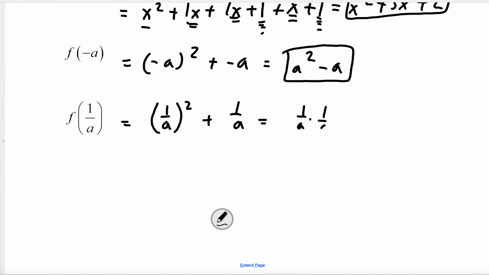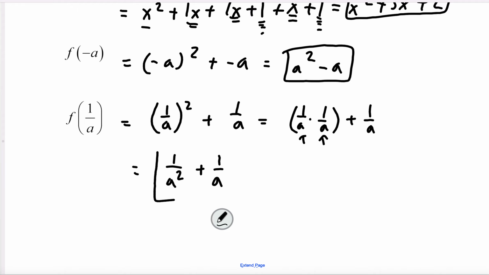I'm just going to do 1 over a times 1 over a. So multiply my numerators right here and multiply my denominators right there. So 1 over a times 1 over a is 1 over a squared, and then plus 1 over a. So we can either stop there or we could get a common denominator and add them together. I'm just going to simply stop there.